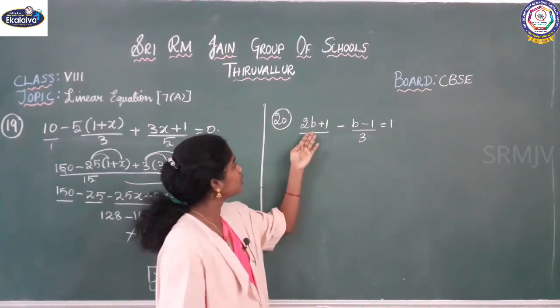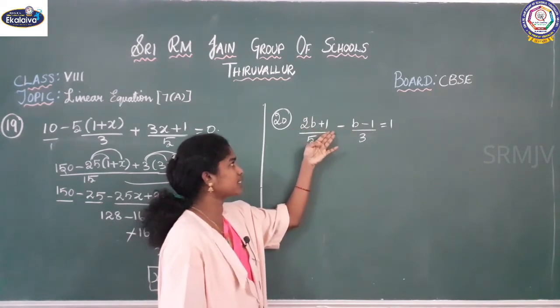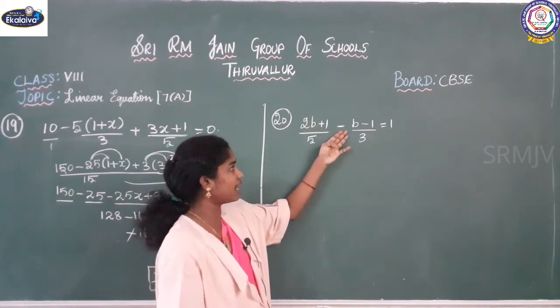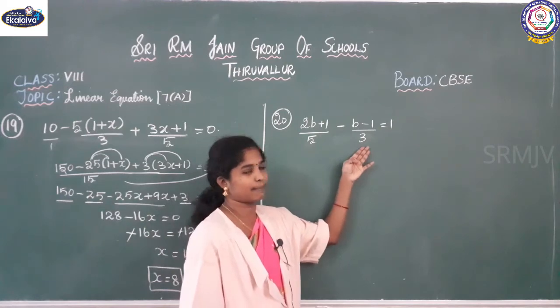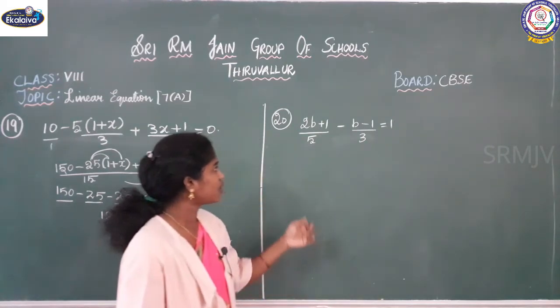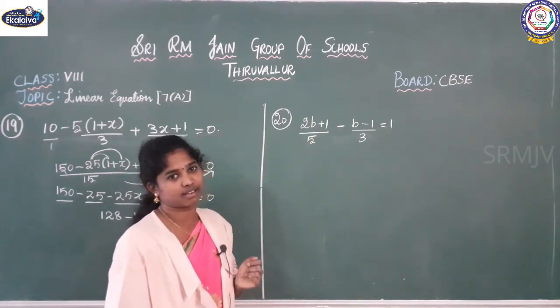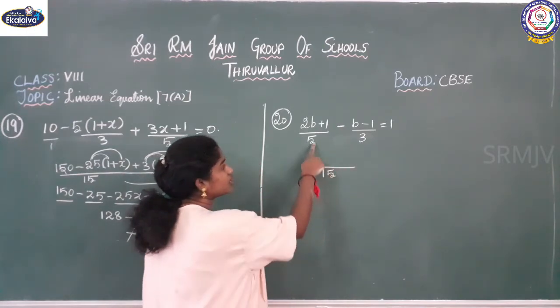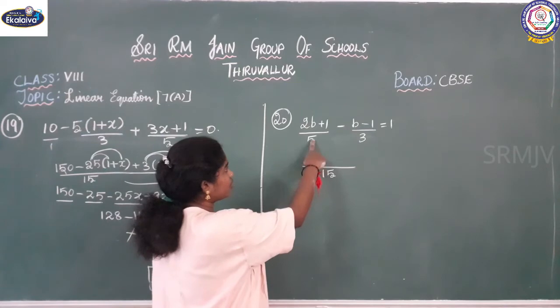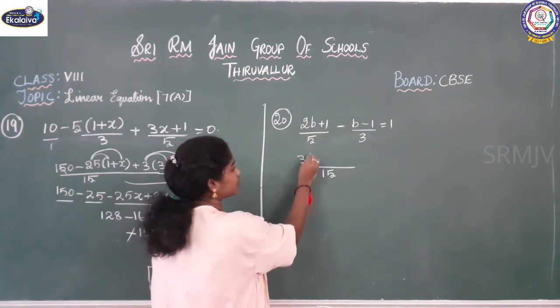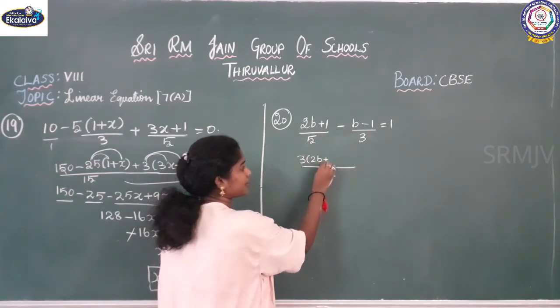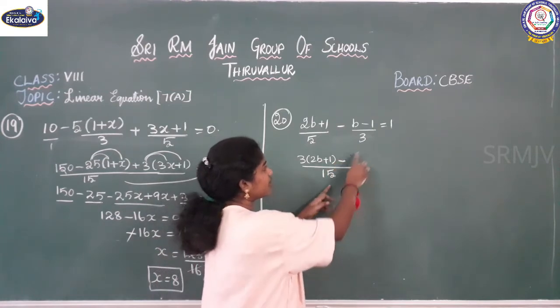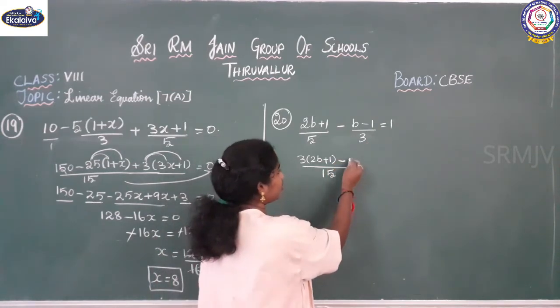Yes, listen. 20th one. 2b plus 1 by 5 minus b minus 1 by 3 is equal to 1. What is the LCM for 5 and 3? 15. Okay, so 5 into 3 is 15. So 3 into 2b plus 1 minus 3 into 5 is 15.